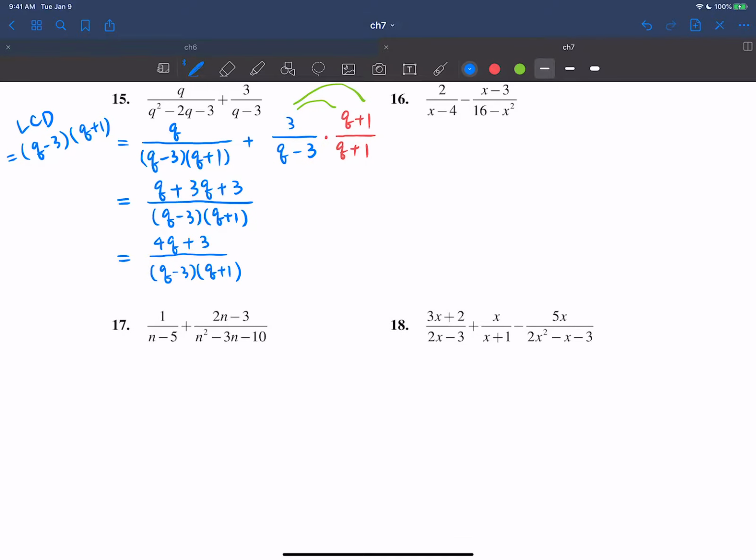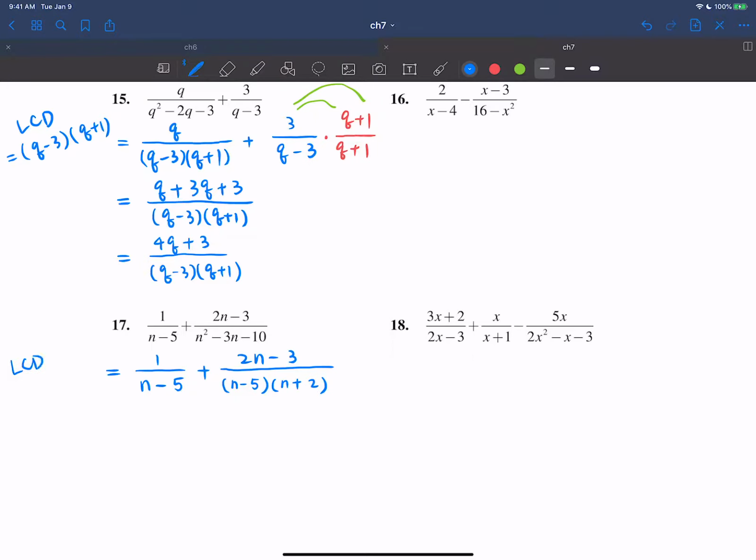Number 17. LCD again. So I'm going to factor the second denominator part, n squared minus 3n minus 10. If I factor, one of the factors is going to be n minus 5, and the other one is going to be n plus 2.